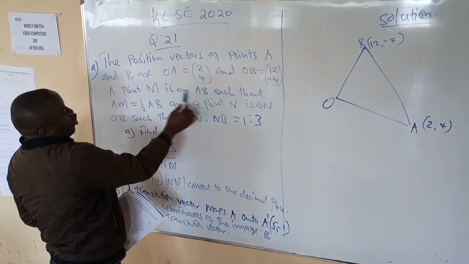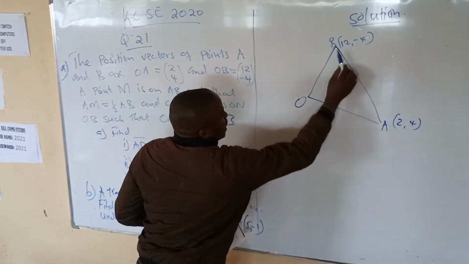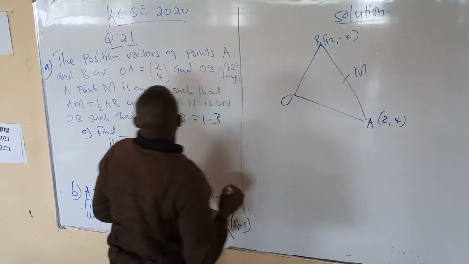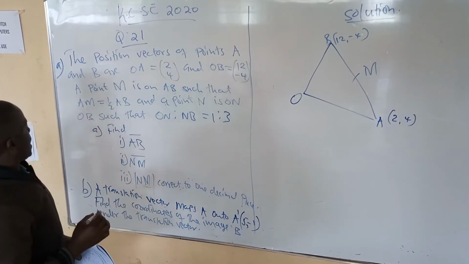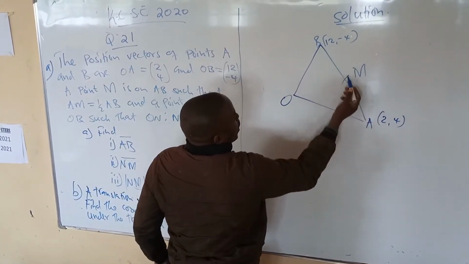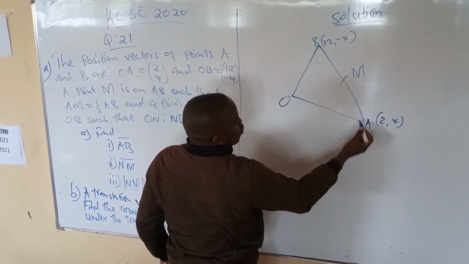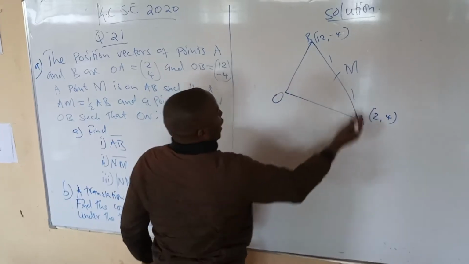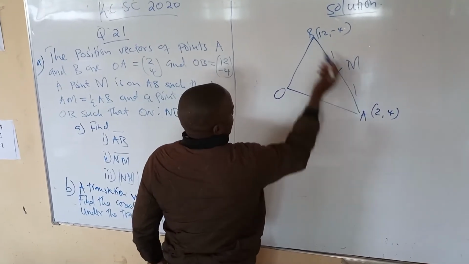You are told that a point M is on AB, such that AM is half AB, meaning the whole line is 2 and half means the ratio is 1 to 1. So AM will be half of AB.